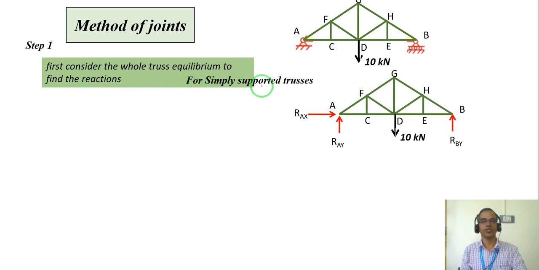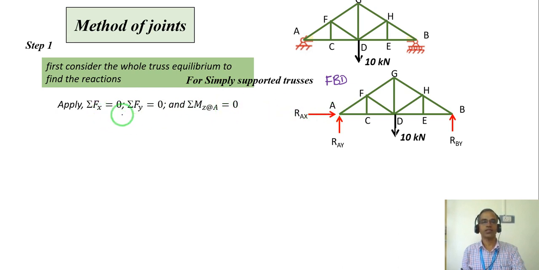So what does this mean? I am going to draw the free body diagram of the truss as a whole, and I will try to find out the reactions RAX, RAY and RBY. How do you find that? We apply the summation of Fx equal to 0, then the summation of Fy equal to 0, and the summation of M at any point, here at A, equal to 0.